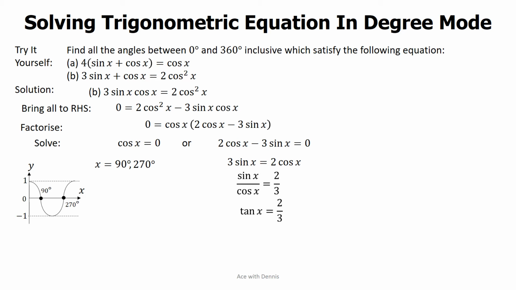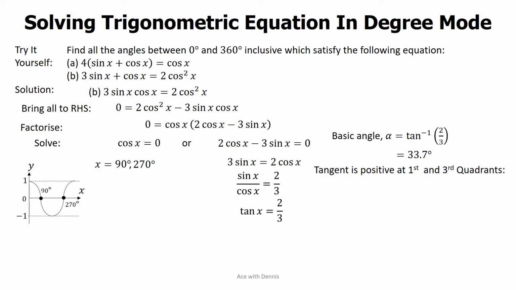Now we have come to the simple trigonometric equation. We can start to follow the simple steps. Step 1, find the basic angle, which is inverse of tangent 2 over 3. Press calculator, we get 33.7 degrees. We see that tangent is positive. So look at the equation, the tangent x is positive, so it is in the first and the third quadrant.